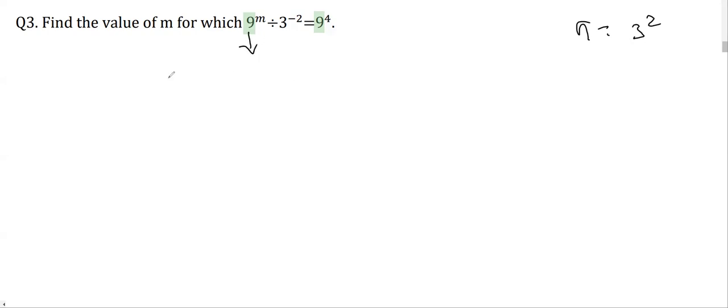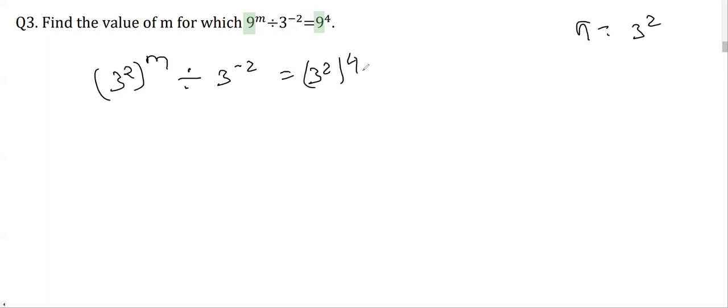If I replace the first 9 with 3 square, the rest will be as it is: there is a power of m over here, and that divided by 3 raised to the power minus 2. Similarly, here also I can replace 9 with 3 square, raised to the power 4.